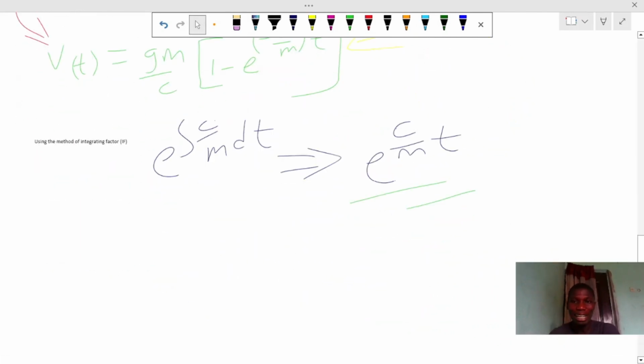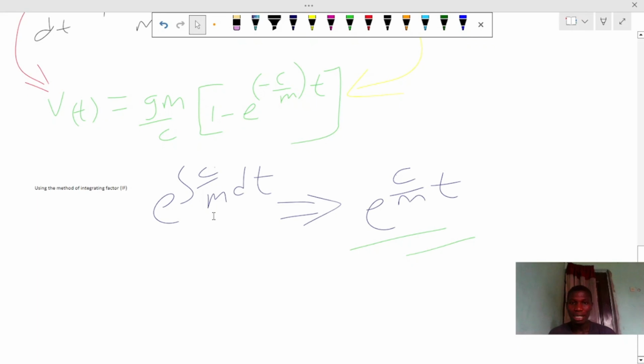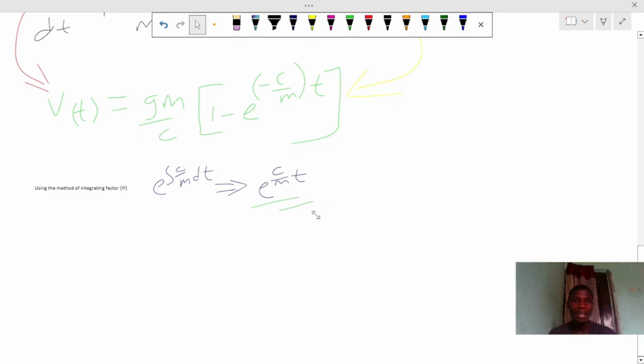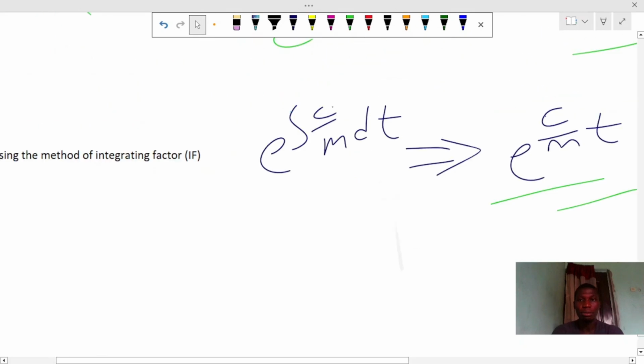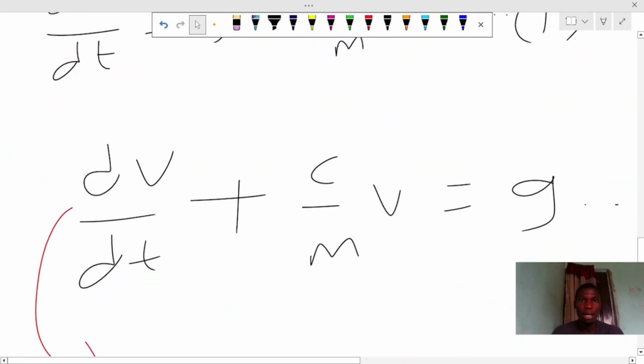Are we together now? So, like I said, we'll use this integrating factor to multiply equation I. What do we have here in equation I?